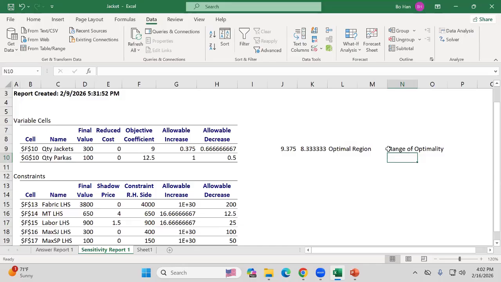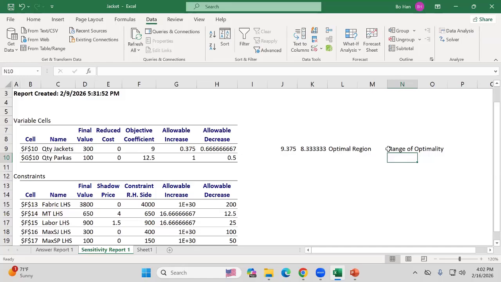Questions? Lady first? Okay. I wanted to find out, for the optimal region, do both need to change at the same time, or can you change one or the other? Sometimes you did a poor job, so your profitability of each product decreases. And 8.33 is the limit you can decrease to, right?